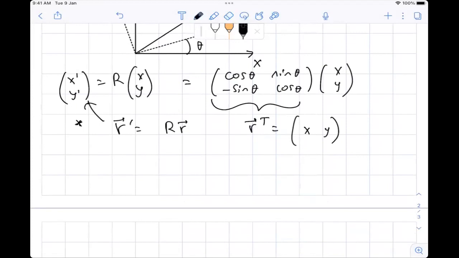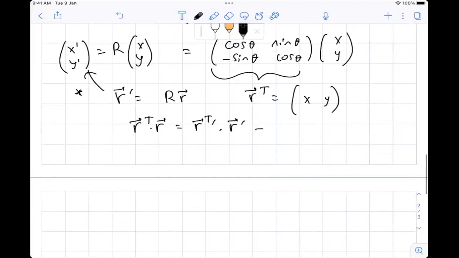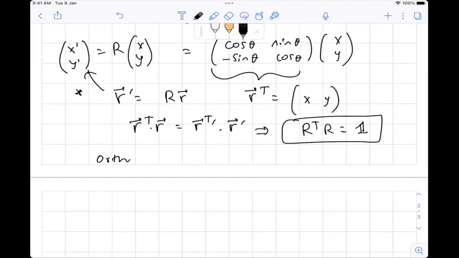Then the square of the length of the vector will be r transpose r, and this should be equal to this quantity, because the length of the vector will not change. So this gives us the condition that R transpose R is equal to identity. This is the condition for orthogonal matrices. If a matrix R satisfies this condition, then I call R an orthogonal matrix.